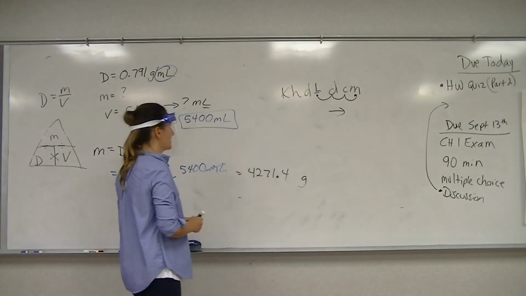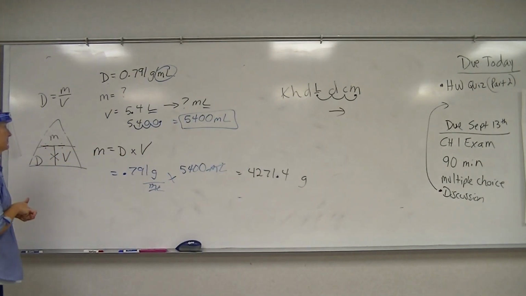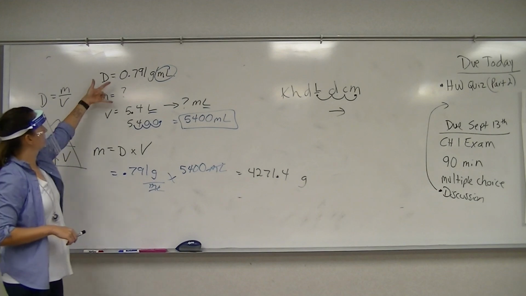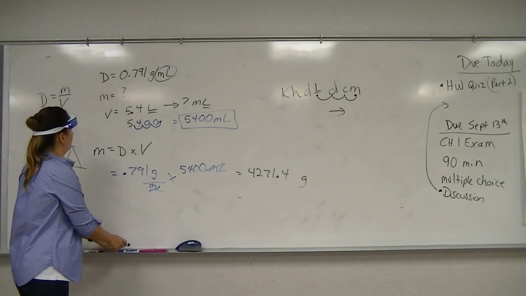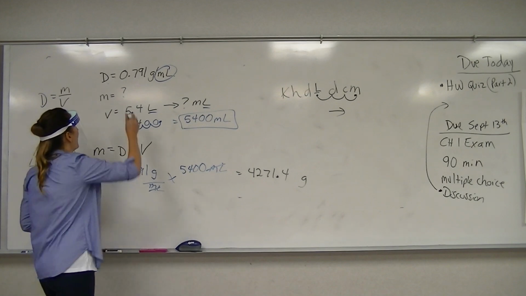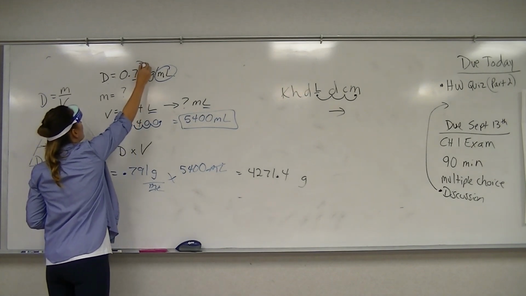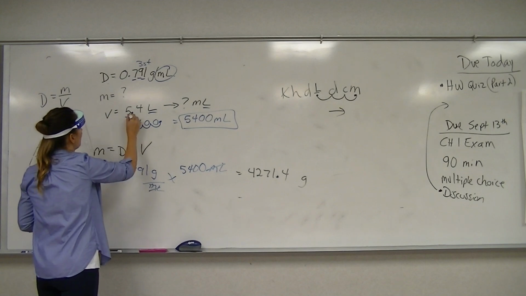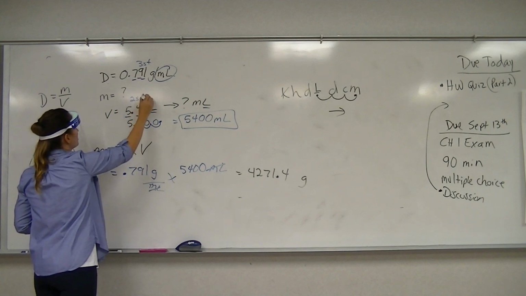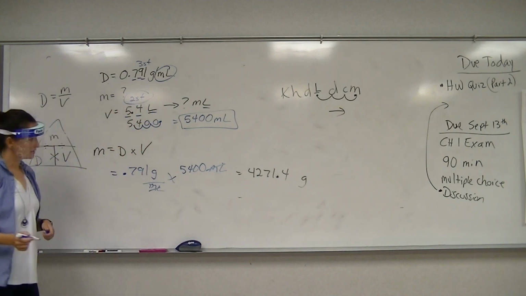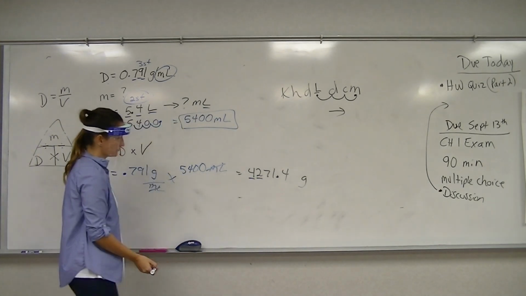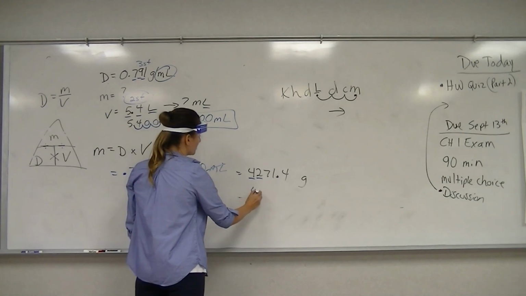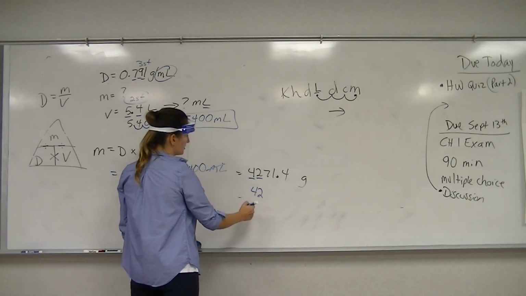But I also need to take into account my significant figures. You look at the original numbers in the problem and count. Density has 3. My original volume had 2. Always pick the smallest. I want 2. But I'm not just going to write 42.